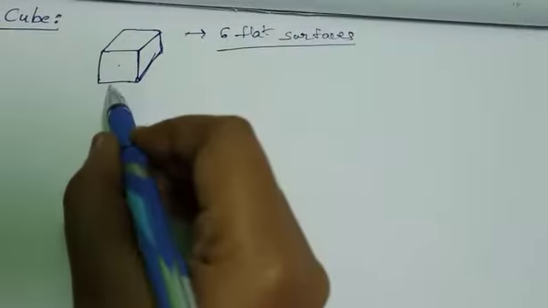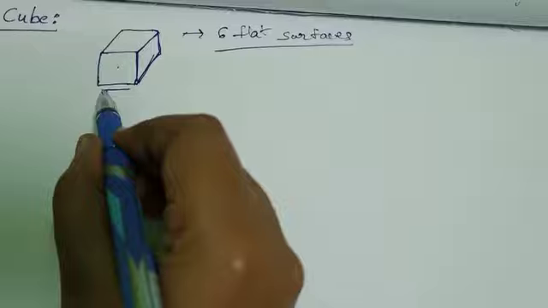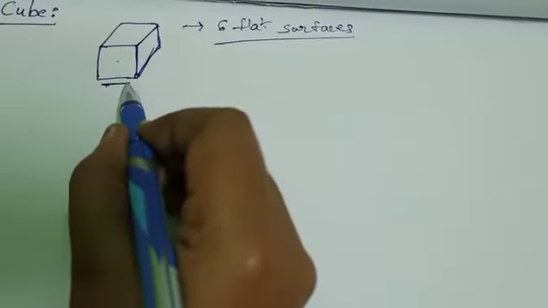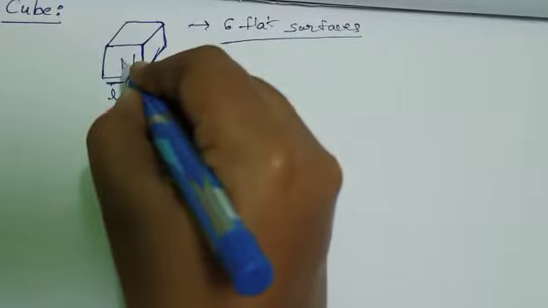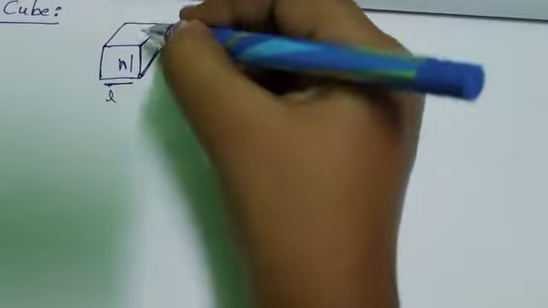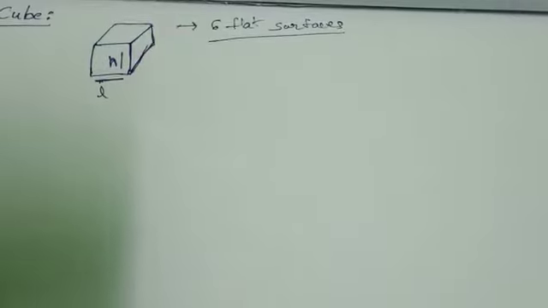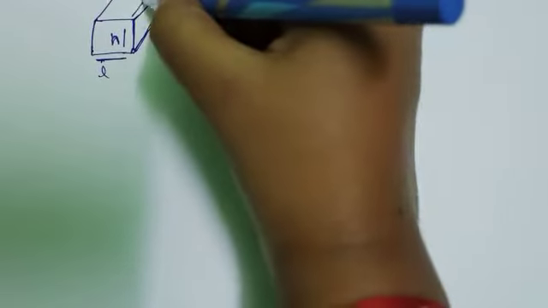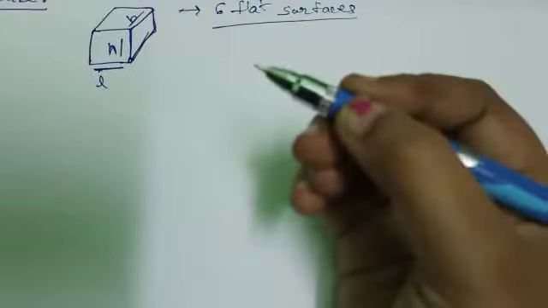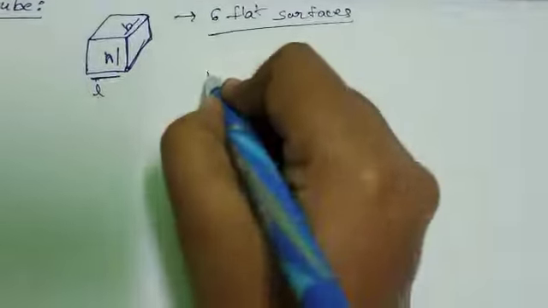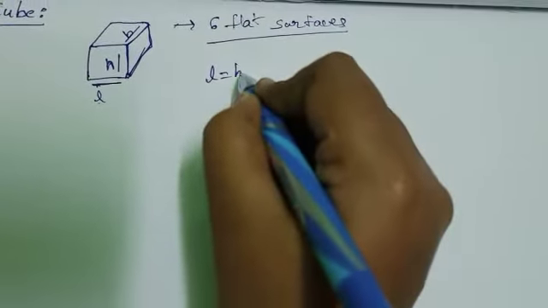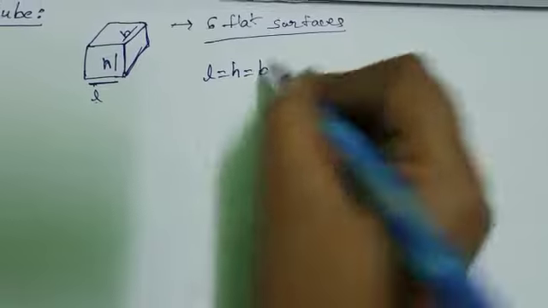In cube, all sides are equal. This is the length of the cube. This is the height of the cube. And this is the breadth of the cube. In cube, all sides are equal. It means length equal to height equal to breadth.